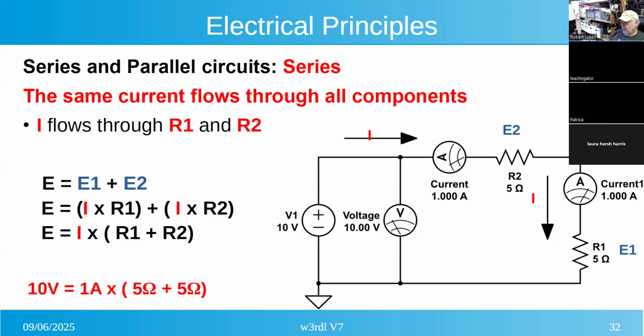So you would do the voltage across R1 by multiplying it times the current, and the voltage across R2 by multiplying it by the current. And those two voltages add up to whatever the supply voltage is. So if we have 10 volts, like in that circuit, and those two, I believe, mine are covered up.